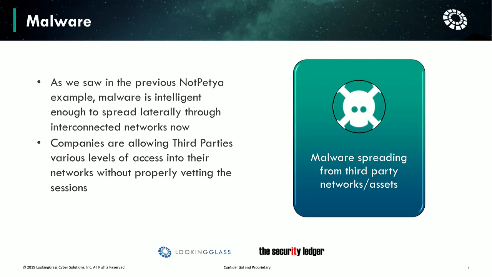Companies are actually allowing third parties various levels of access directly into their networks, and they're not even properly vetting them. A quote that I had from a customer fairly recently was, at any given time, we have hundreds or even thousands of vendors connecting to our web via VPN or connecting through the DMZ. But outside of knowing that the sessions are there, we don't do anything to even identify who it is.